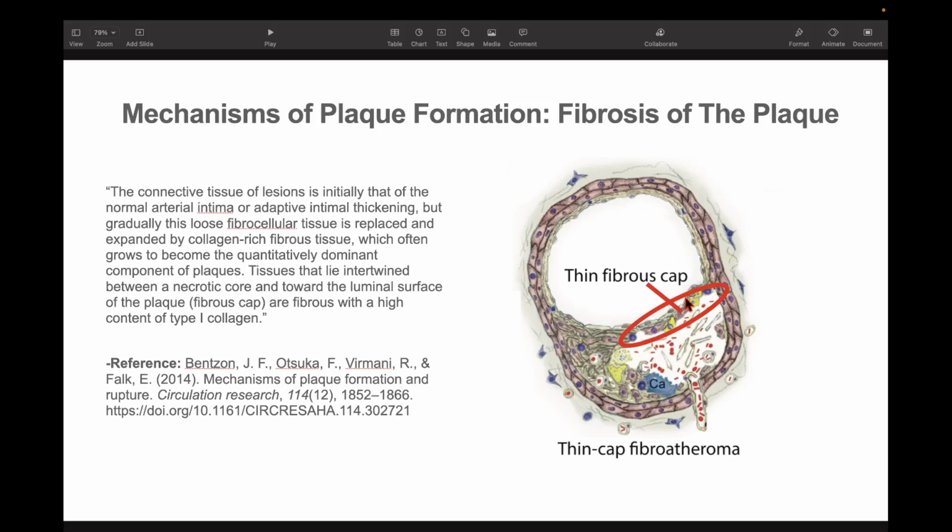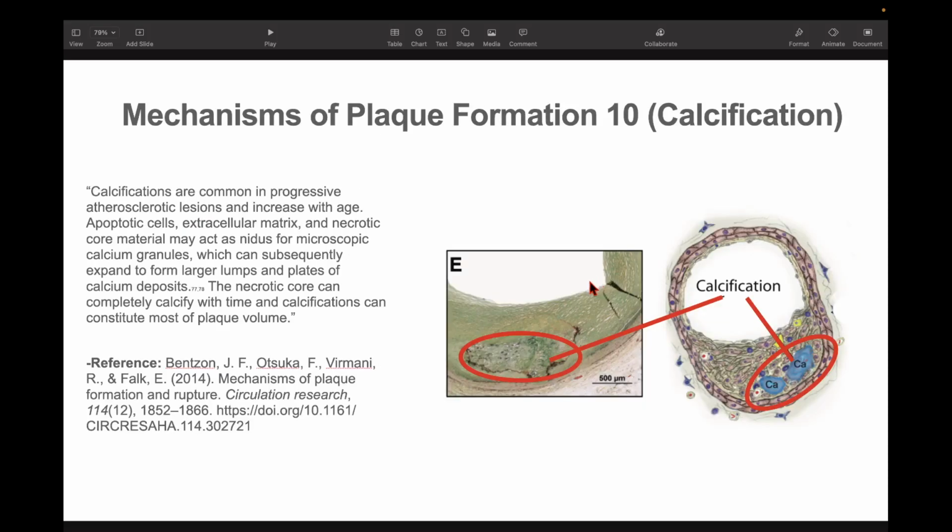Now you have a component of this plaque that can travel somewhere else and possibly block another artery. And also, when this breaks, you have an inflammatory response that can close off this local arterial area as well.